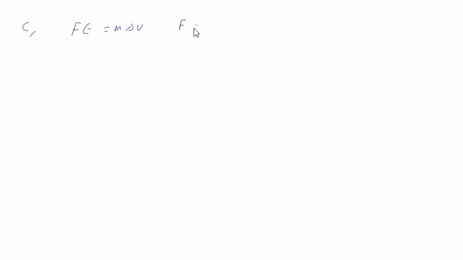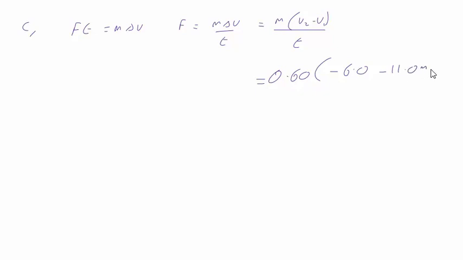So the force is equal to mass times change in velocity over time, which is mass times v2 minus v1 over time, which is 0.6 kilograms times minus 6 meters per second minus 11 meters per second over a time of 0.18 seconds, and this comes out at 57 newtons.